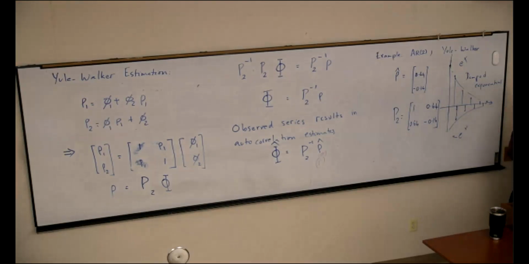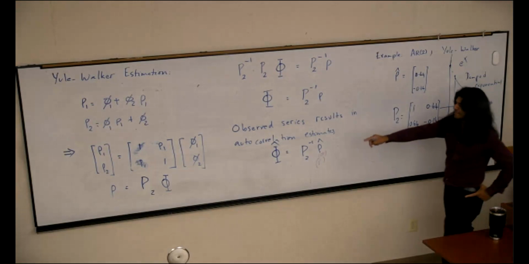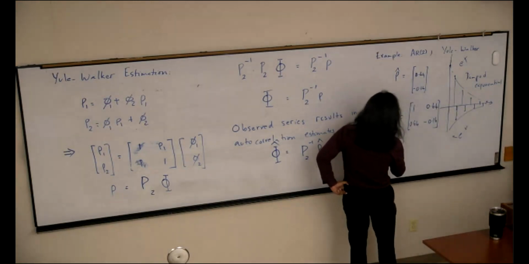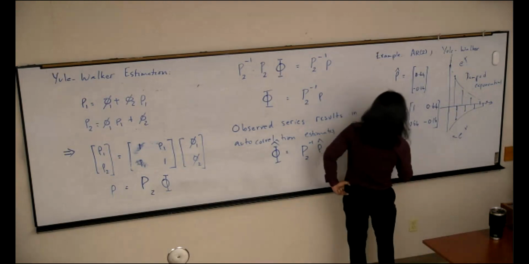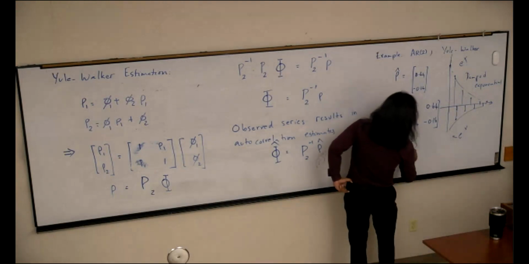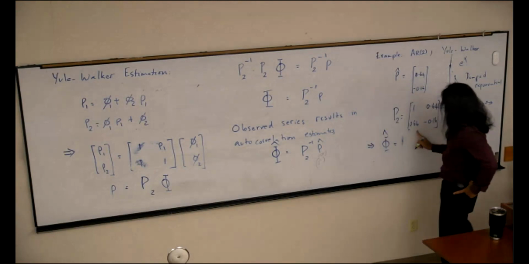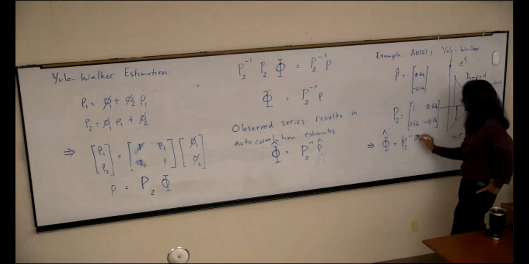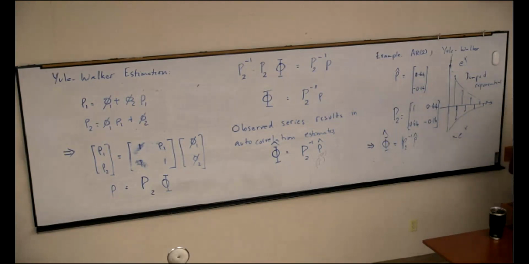So we've got an estimate of rho, which is rho hat. We have P2. We can find an estimate for the phis, which is simply the inverse of P2 multiplied by rho hat.